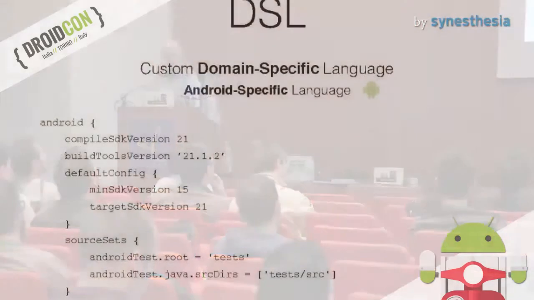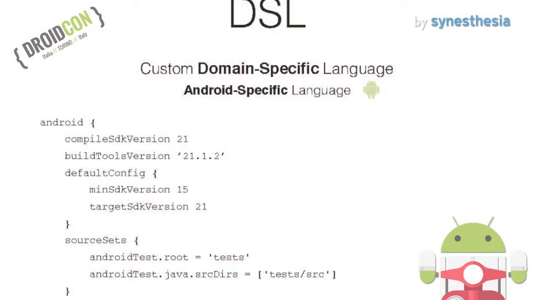What makes Gradle really powerful is that it tries to leverage the concept of DSLs. It comes with a DSL, and you can have your own DSL. And that's basically what the Android team did. They built their own custom domain-specific language on top of Gradle. And the benefit of that is that, as the name says, the DSL is very specific to your domain.